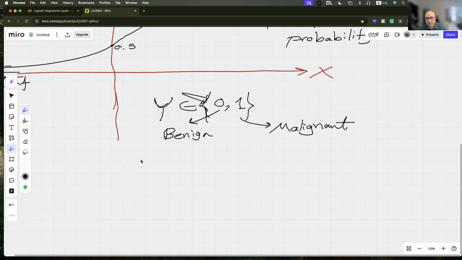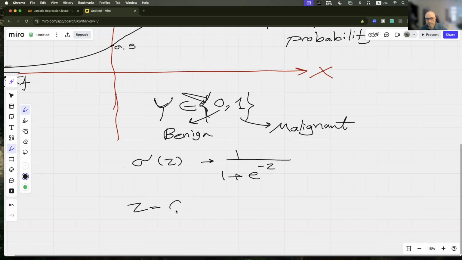If I use the term z for the sigmoid here, our function z would be like this.